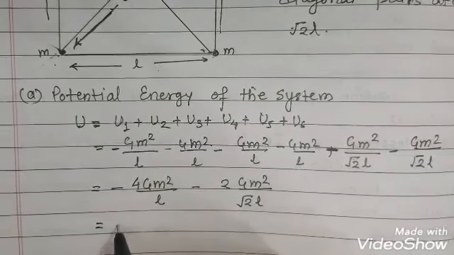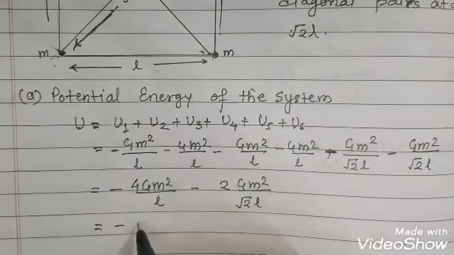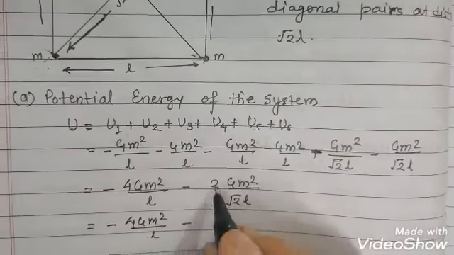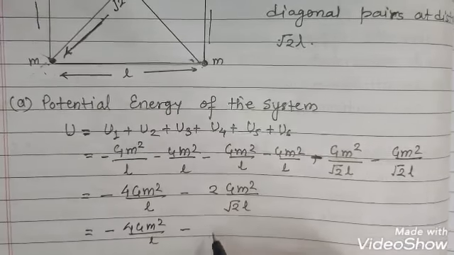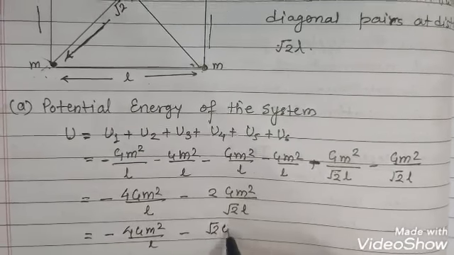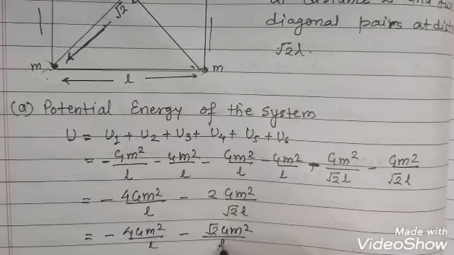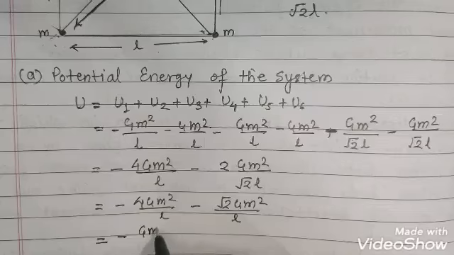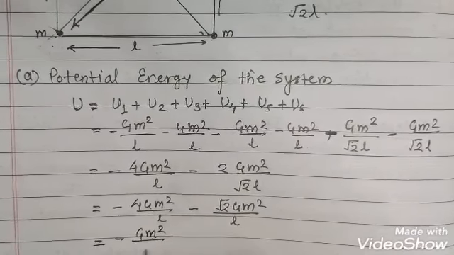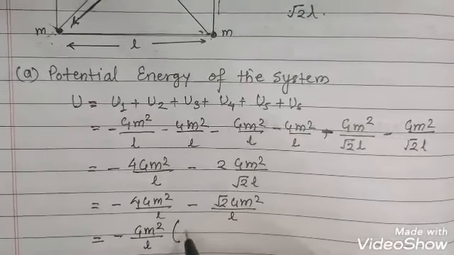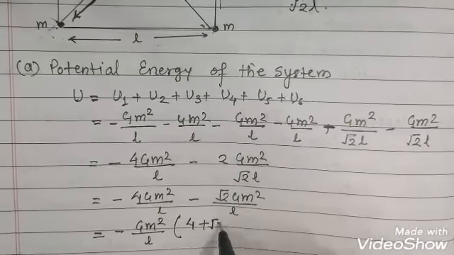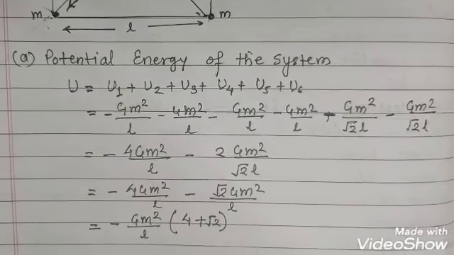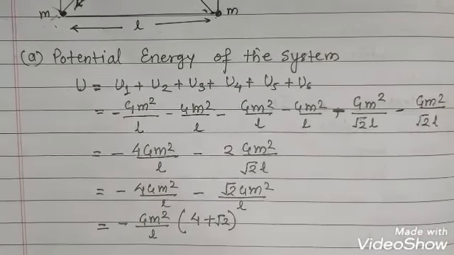We'll take the minus sign common, and first of all simplify the second term. This is root 2 and this is 2, so root 2 would be cancelled, and root 2 will remain, G m square upon L. Now we can take these quantities common: minus G m square upon L into 4 plus root 2, and this would be the potential energy of this system.